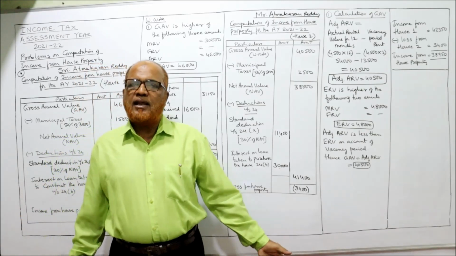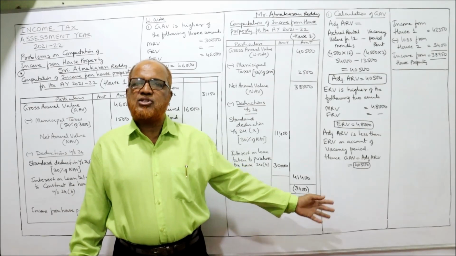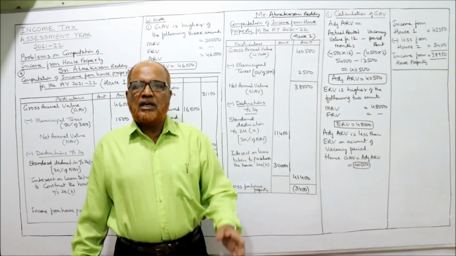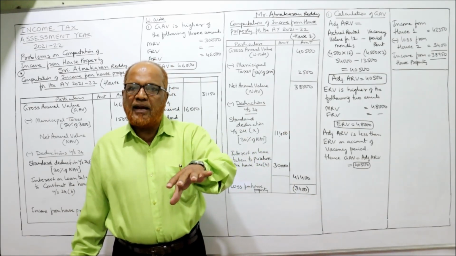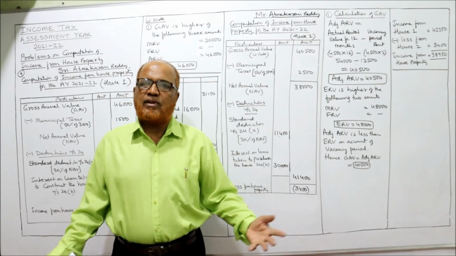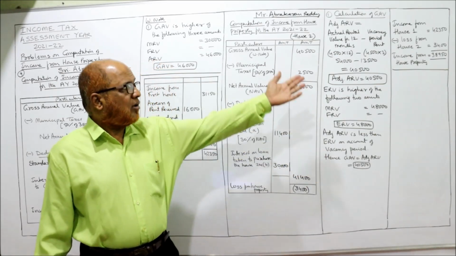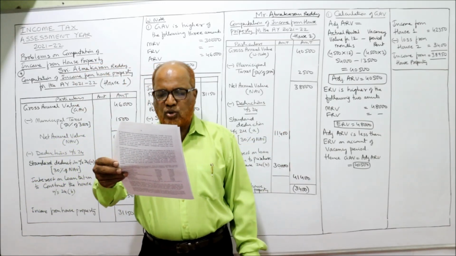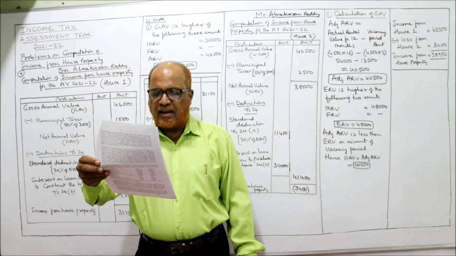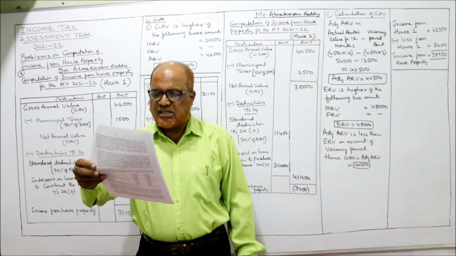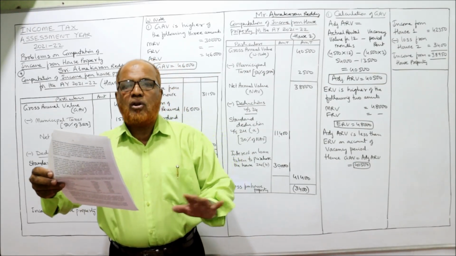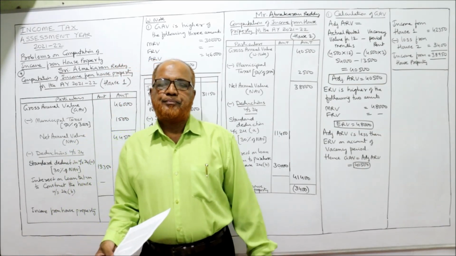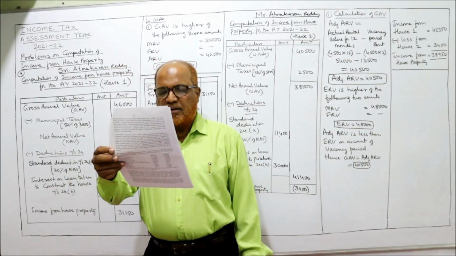Secondly, interest on loan will be allowed as deduction even on due basis. Even if the interest is not paid, it will be allowed as deduction. That is also one of the provisions. Next provision, already you have written about adjusted ERV. Now the next provision you should write: repairs, rent deed, registration charges, annual charges are not allowed as deduction.